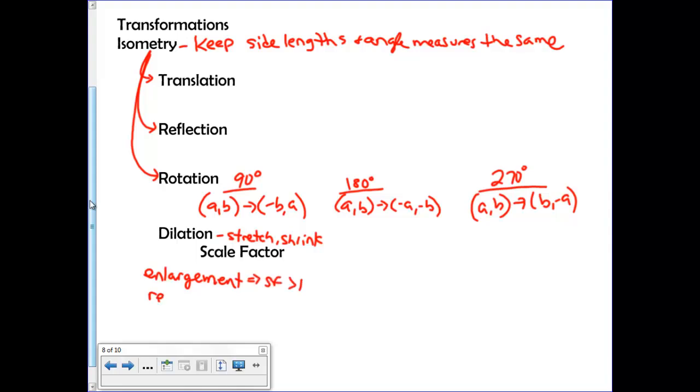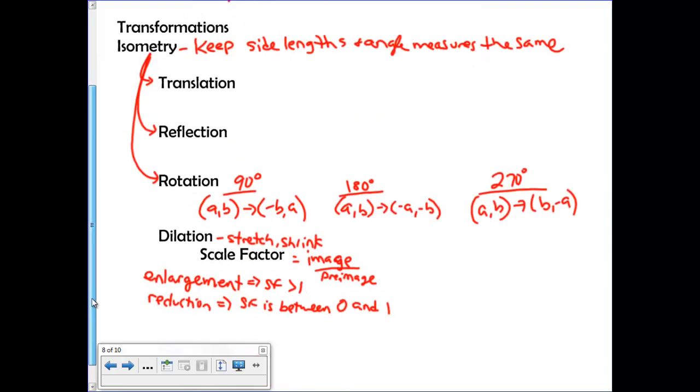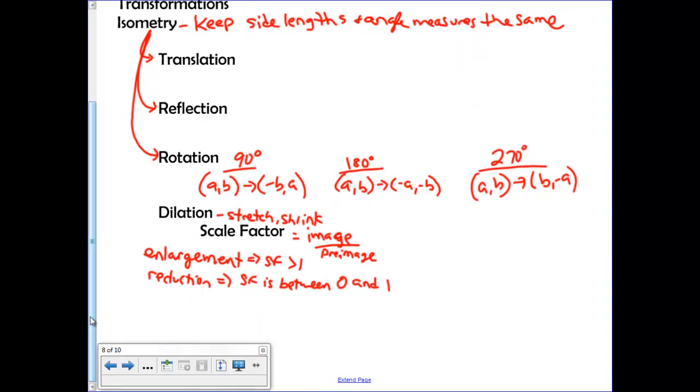If it's a reduction, the scale factor is between 0 and 1. And lastly, what's the rule for scale factor? Always, always, always image over pre. Sweet! That's all the terms.